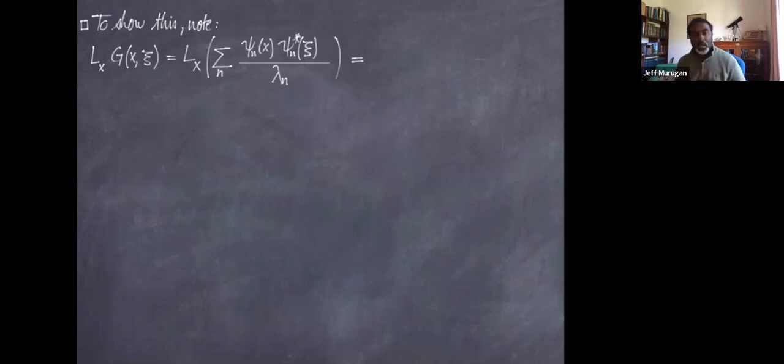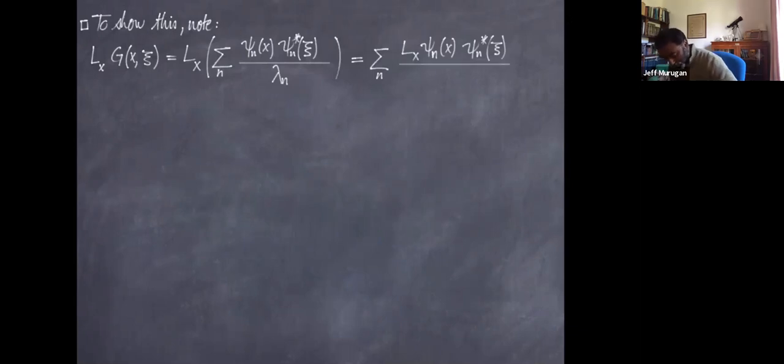The L acts only on psi of x. That's the only x dependent part, so I can take this into the summation. That's the sum over n, L x acting on psi n of x and nothing else. So there's this guy floating around. And then I have to divide all of this by the lambda n's.